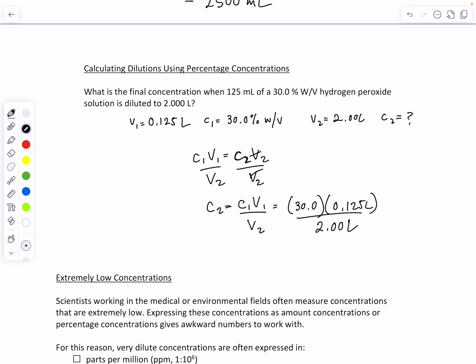And remember, write 30% as a decimal. So we'll do that by dividing by 100. So we end up with a concentration of 0.019% weight per volume.